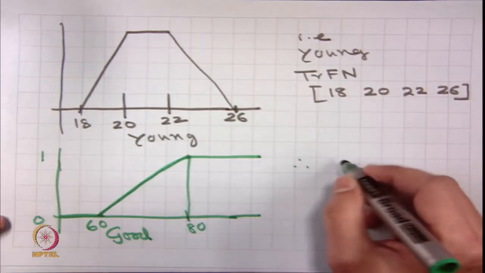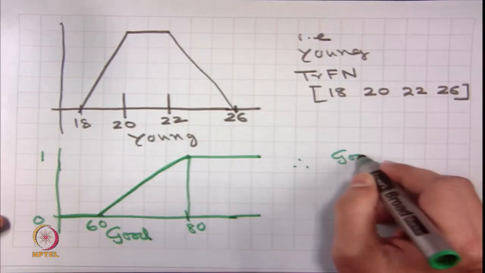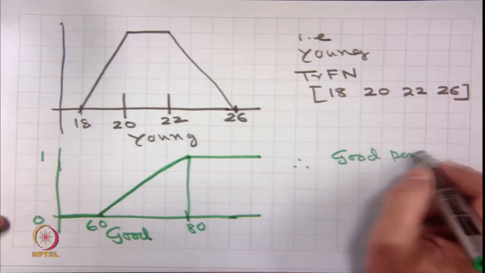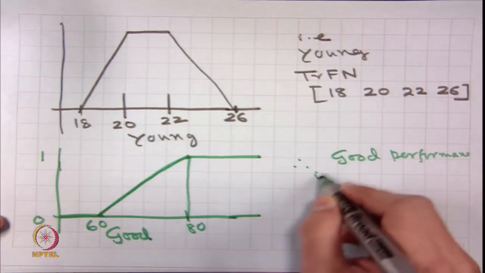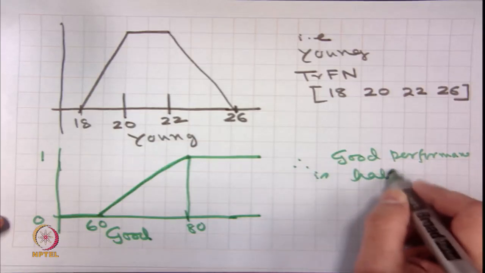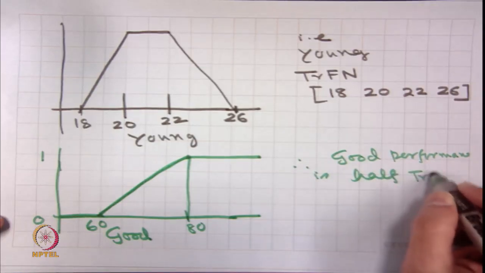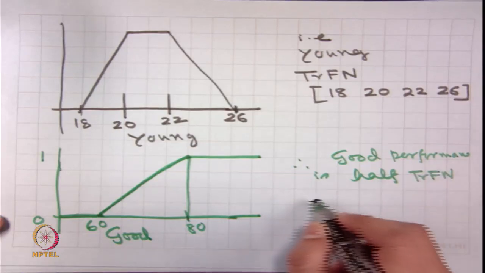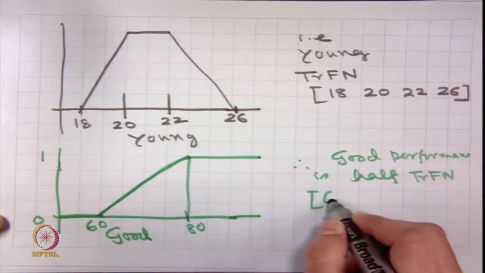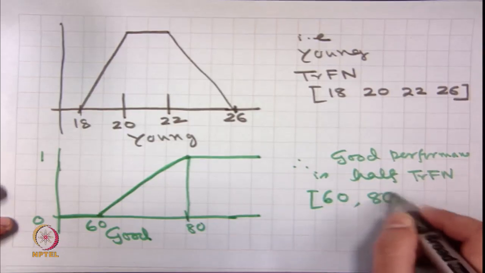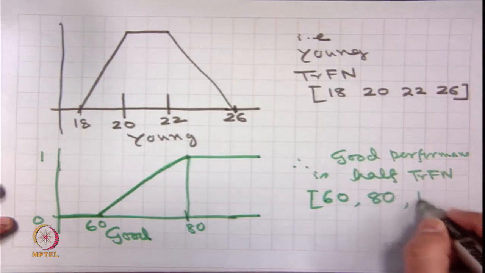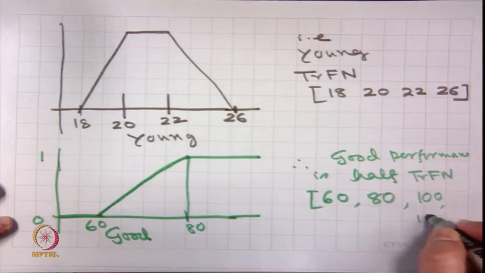Therefore, good performance is a half TRFN, which is of the form 60, 80, 100, 100.